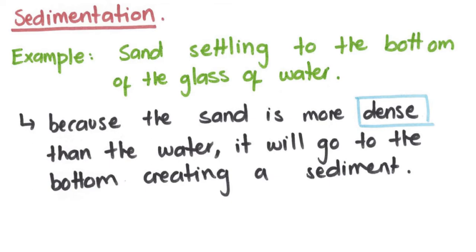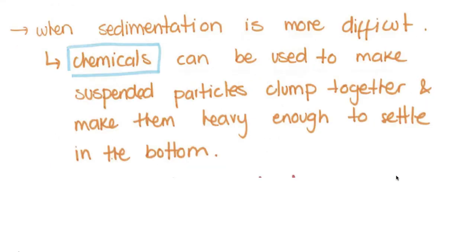Because the sand is more dense than the water, it will go to the bottom, creating a sediment. And we already have learned that word as well, sediment. Okay, fantastic.